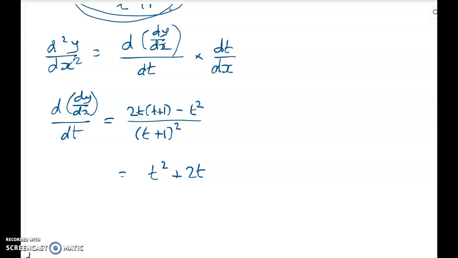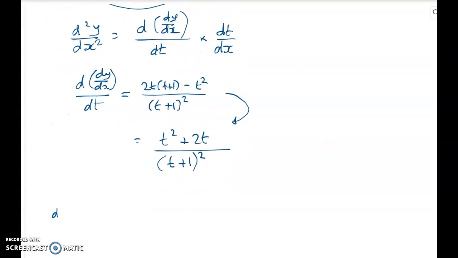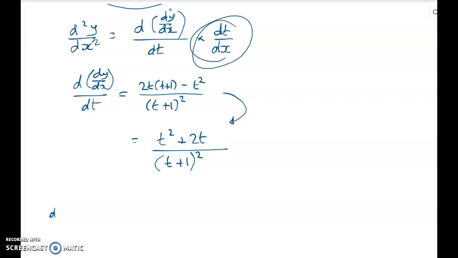If I were doing that in the exam, guys, I would definitely have an extra line of working in there. I just did that a little bit quickly then. So we've got this, and that means that now what we've got to do is times this to get my points of inflection. So d squared y by dx squared will be t times t plus 2 over t plus 1 squared.